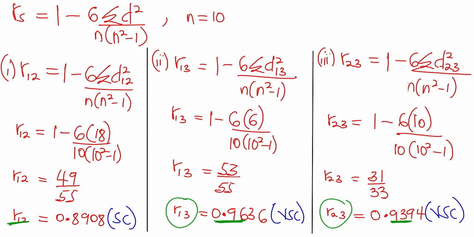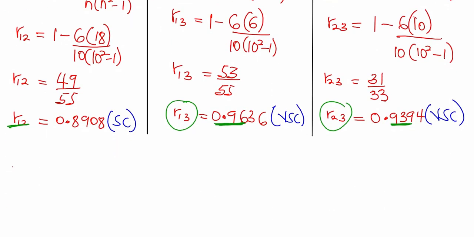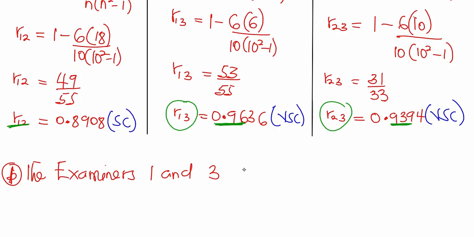So therefore, in answering B, we can say that the examiners 1 and 3 agree most. Based on the analysis we just drew, 1 and 3 agree most.